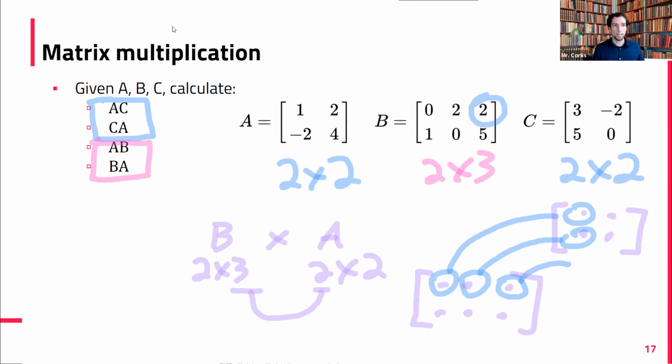B times A is undefined, because the third value would not have a match with matrix A. So changing the order can also change if the operation is possible in the first place. It works in one direction and totally doesn't work in the other direction. So another unusual and perhaps unexpected result of matrix multiplication.